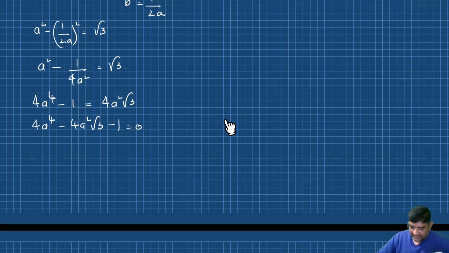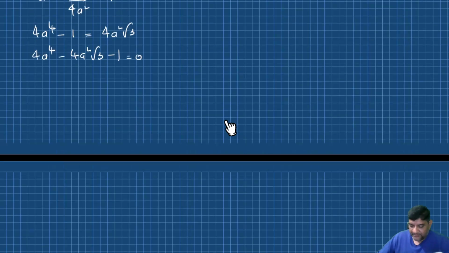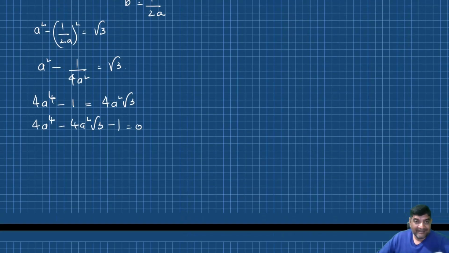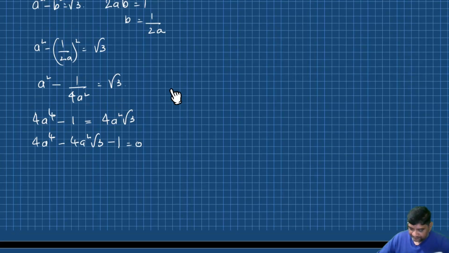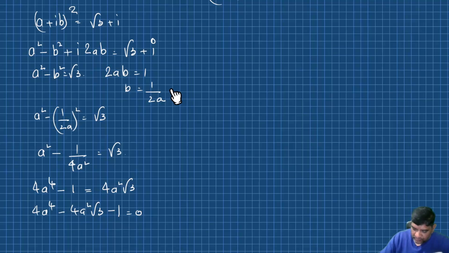So this is the equation I'm left with. I can't do splitting of the middle term over here because the equation is not factorizable. So what am I going to do next? Well, I'm going to be using the formula to solve for this one. Alright, so let's see what's the formula. I have x is equal to minus b plus or minus root of b square minus 4ac.